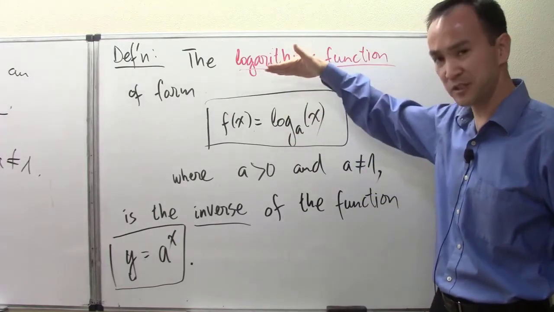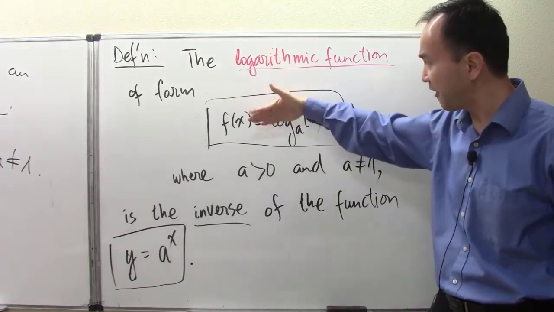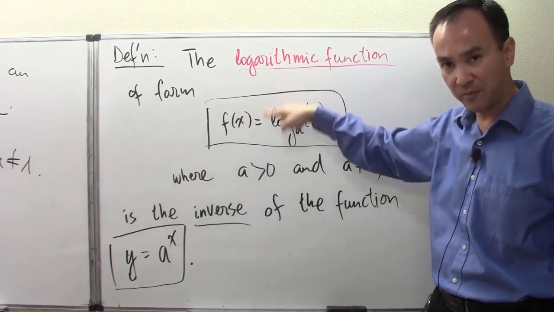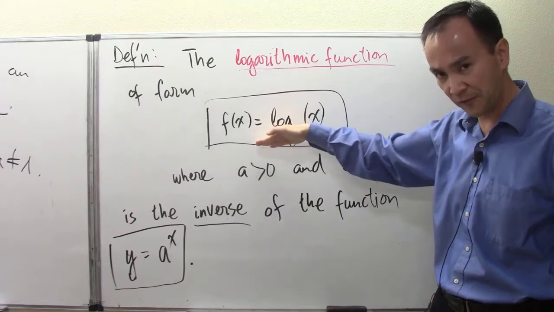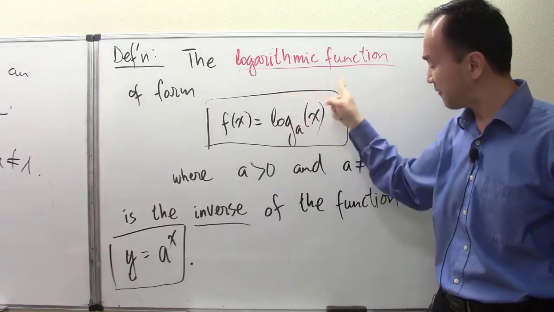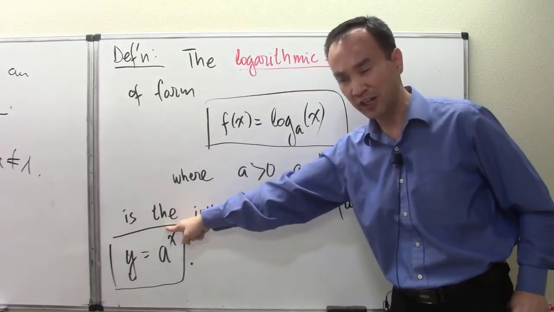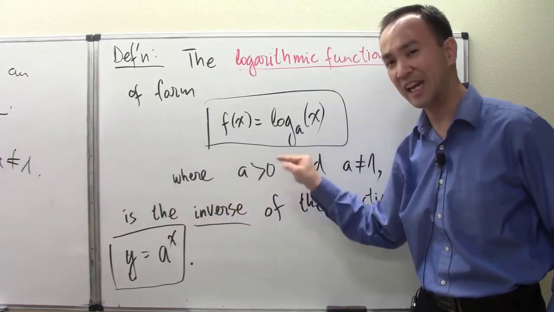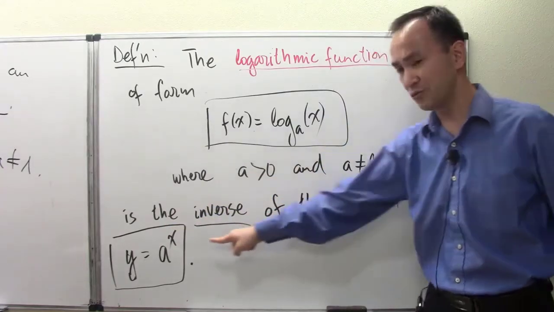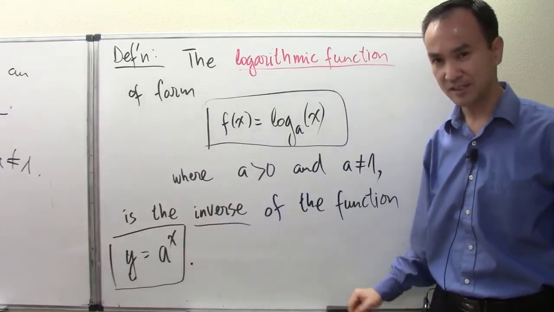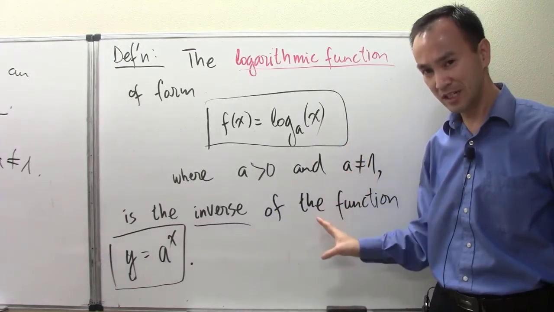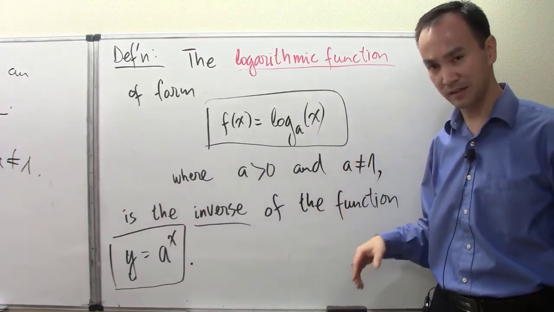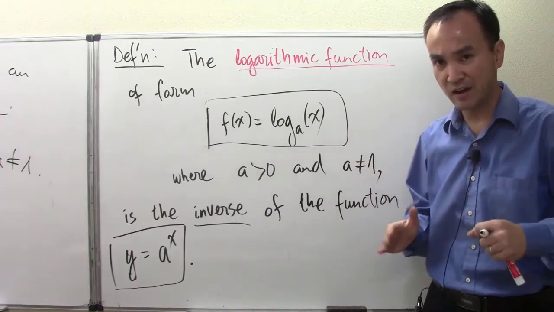But precisely speaking, any function in this form is formally defined as the inverse of the function y equals a to the x. With this definition, again, I want to really nail that down into your mind.